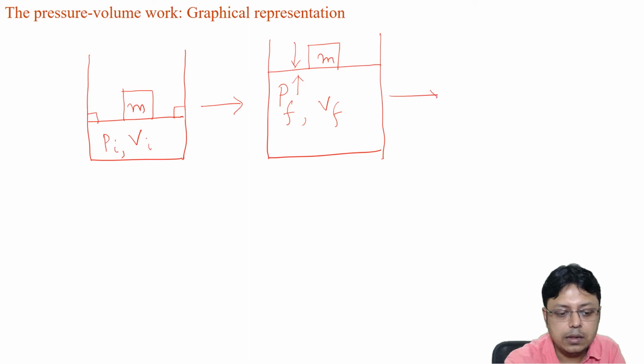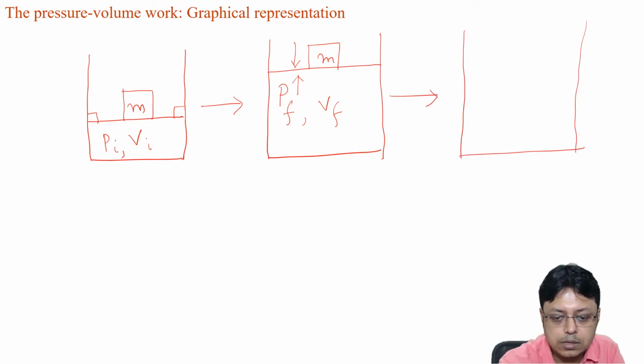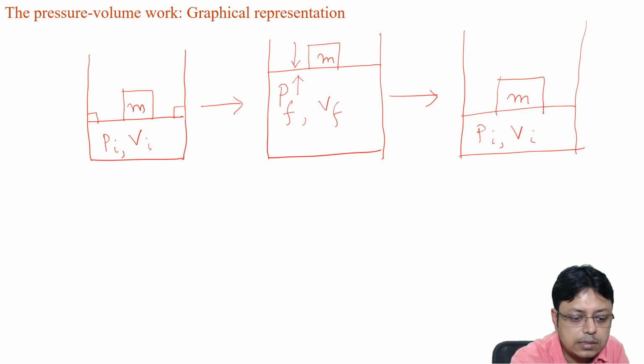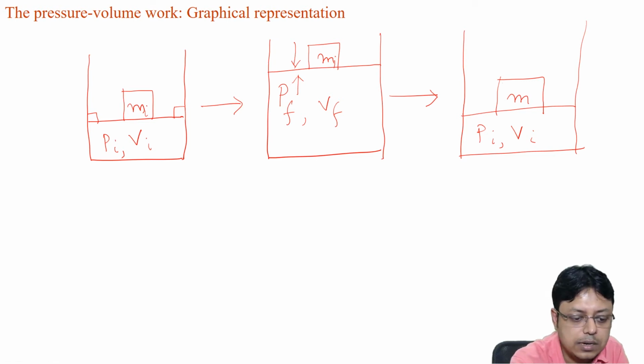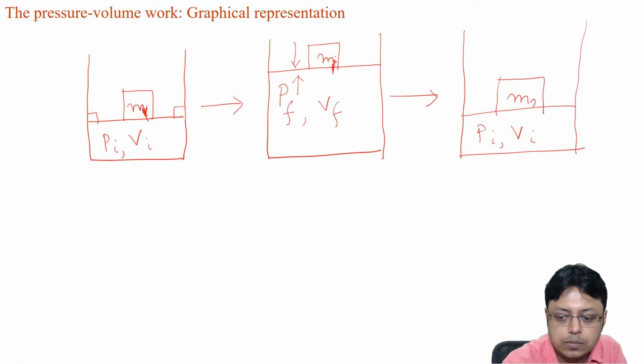Now we are saying let us do the reverse process where we put a heavier mass, so that the system actually comes back to its original position, which is Pi Vi. Of course, in this case the masses should be different. This was a lighter mass, that's why the system expanded, and this was a heavier mass. Let us call them M1 and M2.